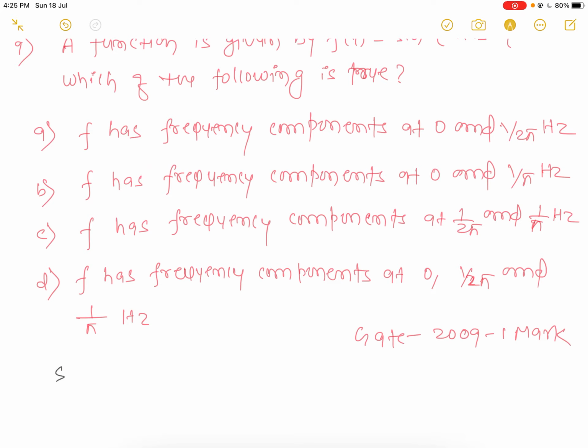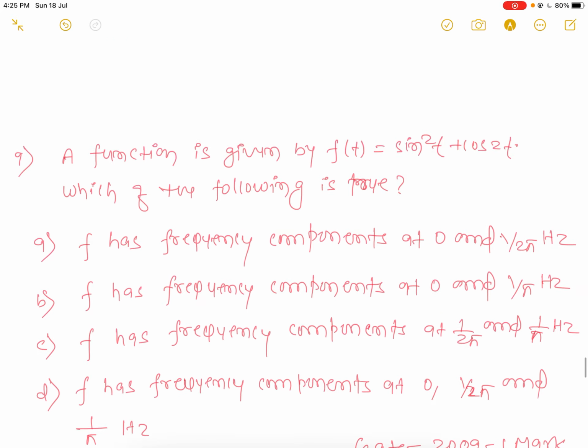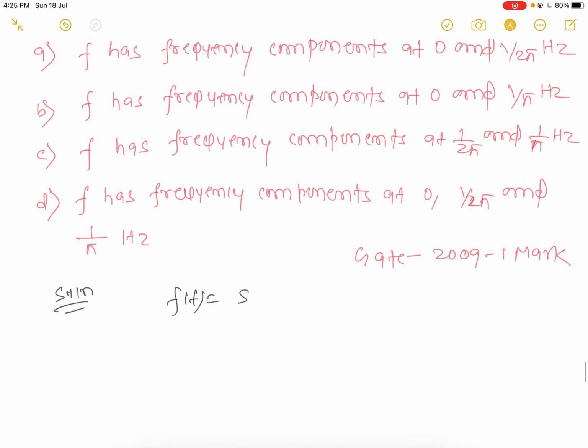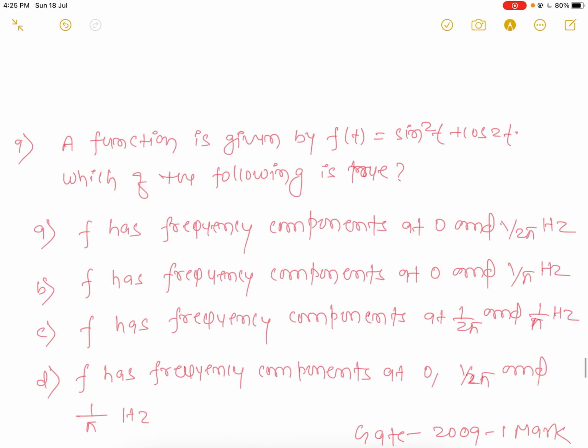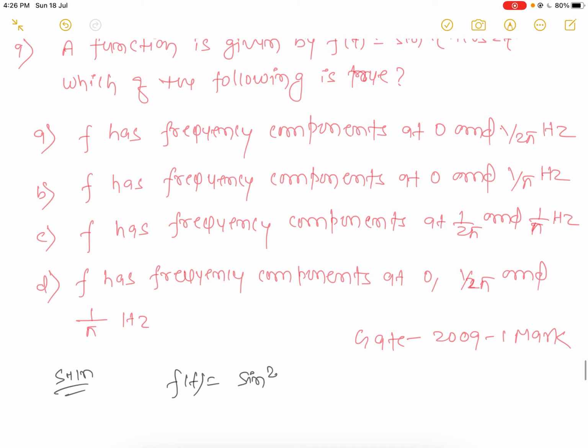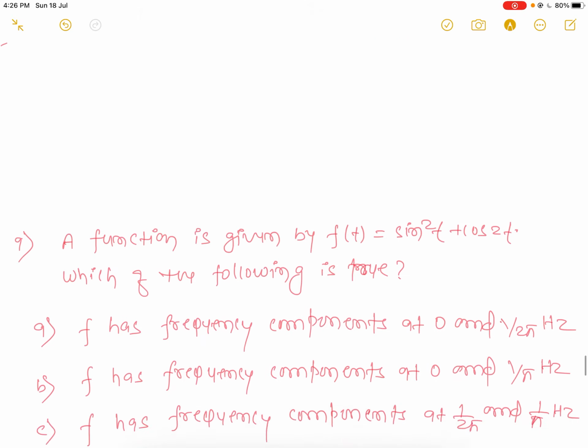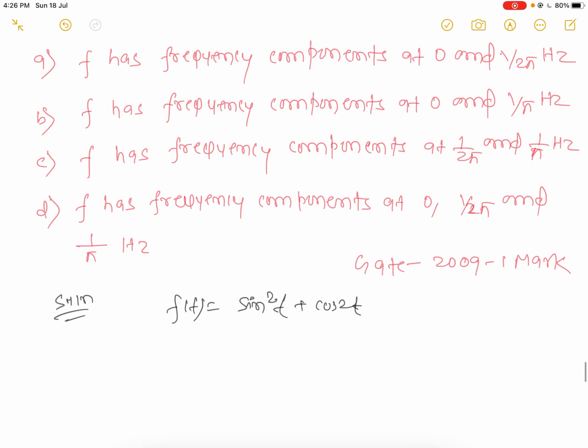f(t) is given: sin square t plus cos 2t. Then what will happen?